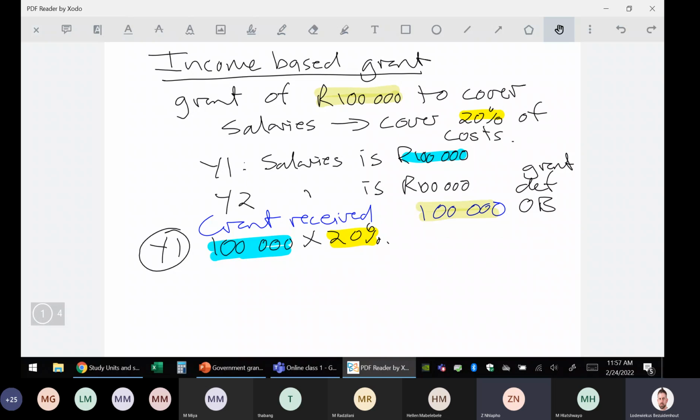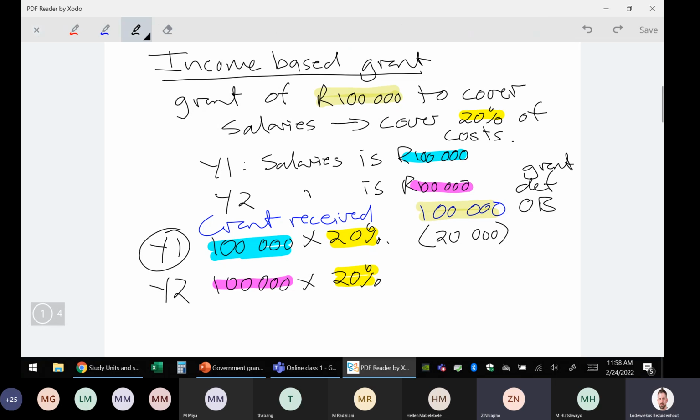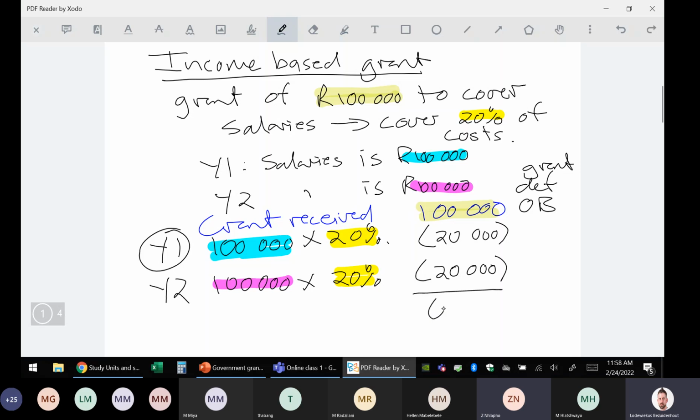So 20,000 will be gone. In year two, it will again be 100,000 expense times 20%, and we will recognize another 20,000. All right, so what is the balance after the first 2 years? It's 100 less 20 less 20, and that will give us a balance at the beginning of the third year.